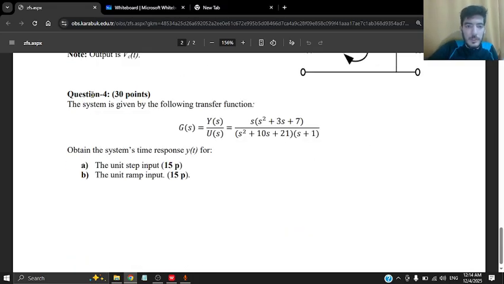Now for the final question, I have this transfer function in which I have to obtain its response in the time domain for a unit step input and a unit ramp input.